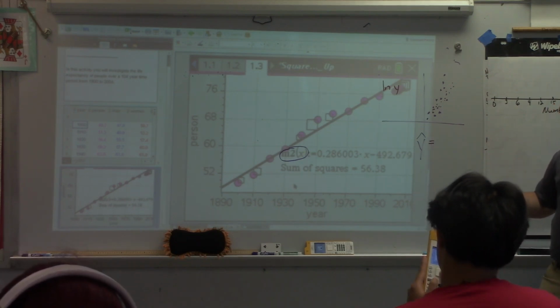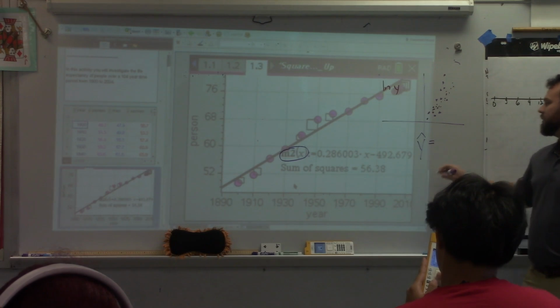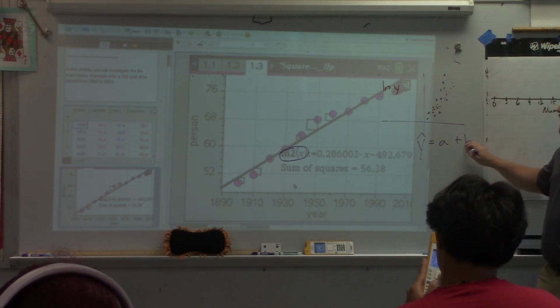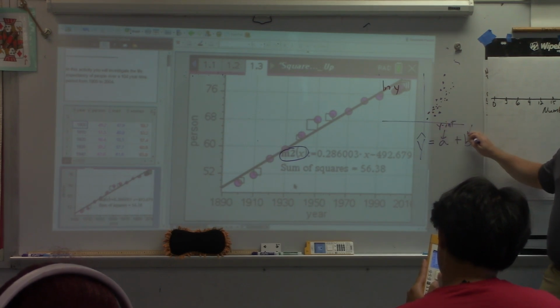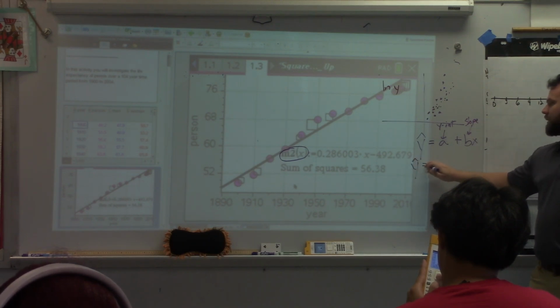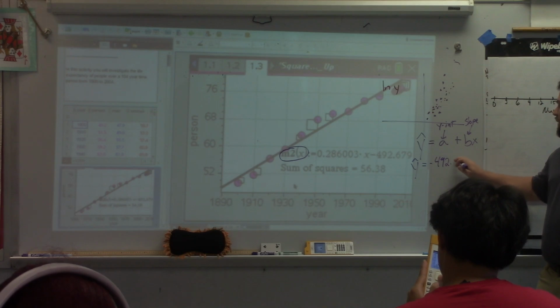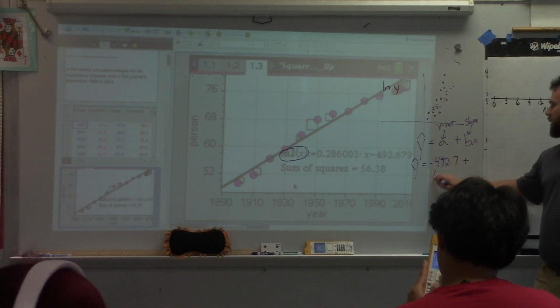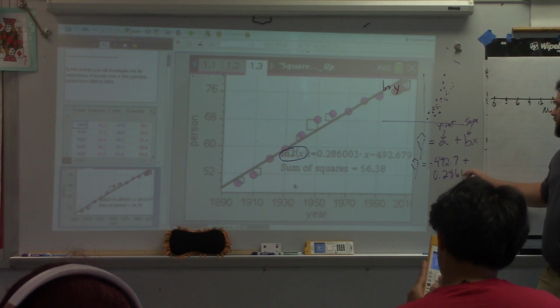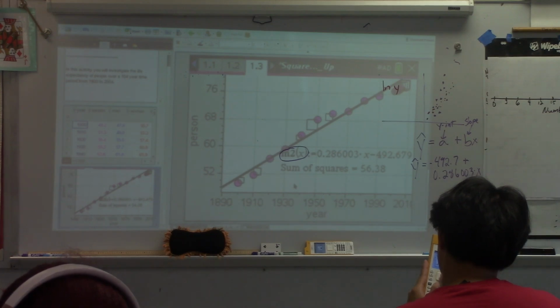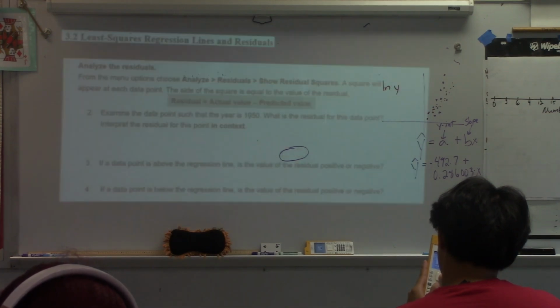And traditionally in statistics, we don't do y equals mx plus b. We do a plus bx, where a is the y-intercept, right? There's no variable with it. And b is my slope. So for me, at least right now, y hat is equal to negative 492.7 plus 0.286003 times x.